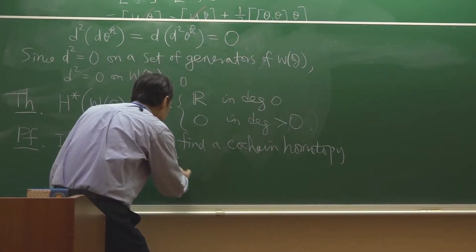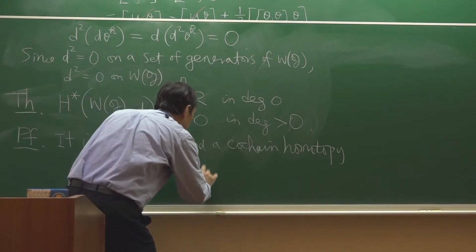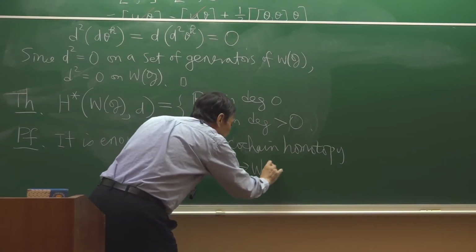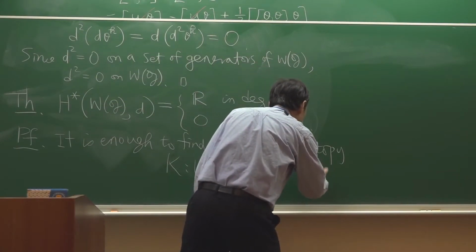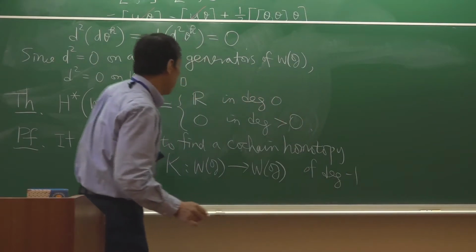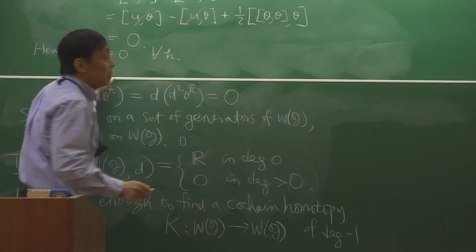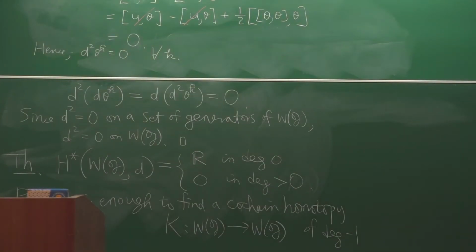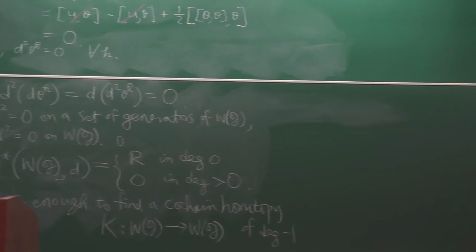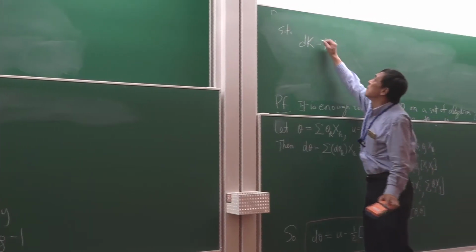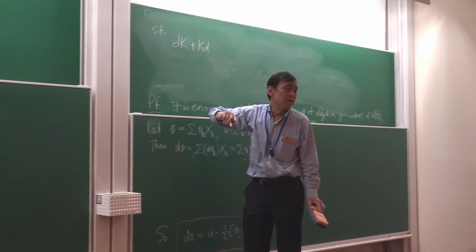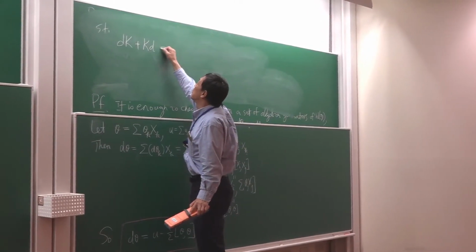So a co-chain homotopy is a map K that goes from the complex to itself of degree -1, okay, such that dk plus kd is equal to the identity.